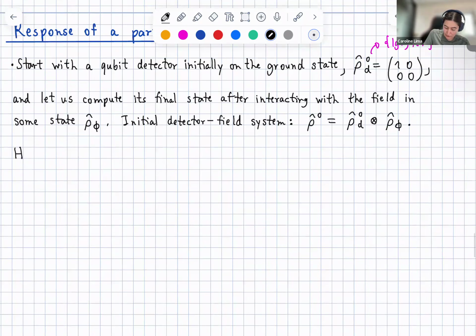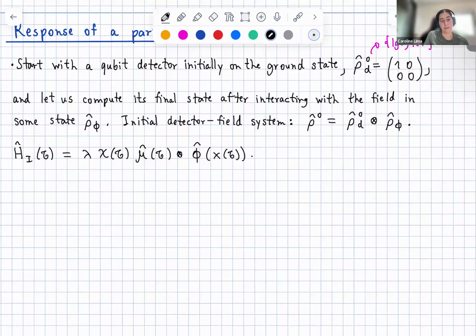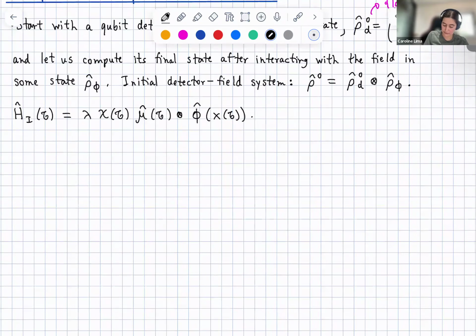Now, as we wrote before, the interaction Hamiltonian is going to be lambda chi of tau, general case, so times mu of tau, tensor product with the field phi of x of tau. Okay.